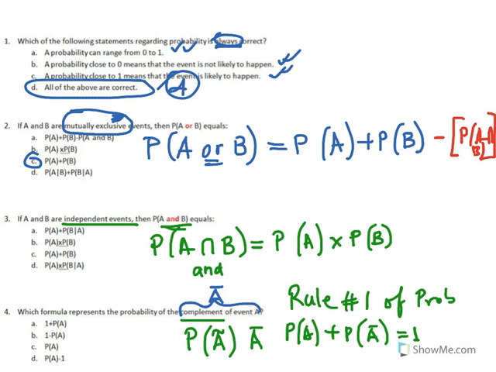What is the probability of the complement of event A? That will be 1 minus the probability of event A. So it's B. Okay, let's move on to question number 5.